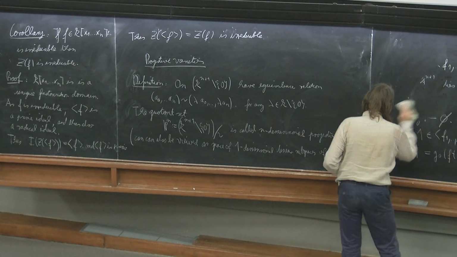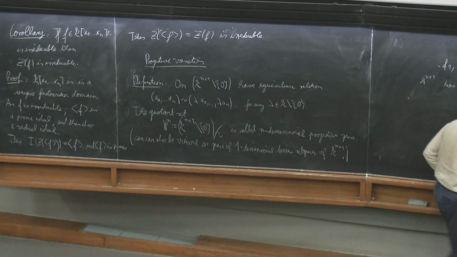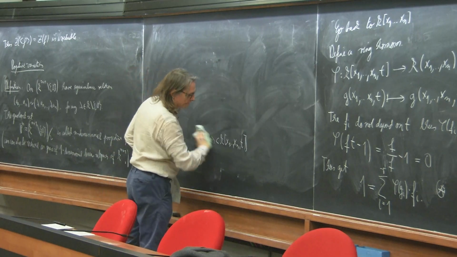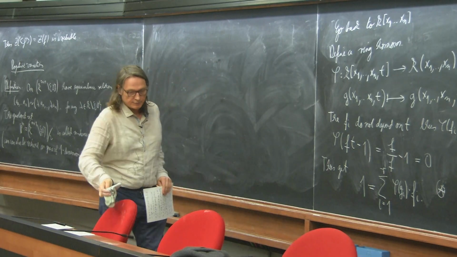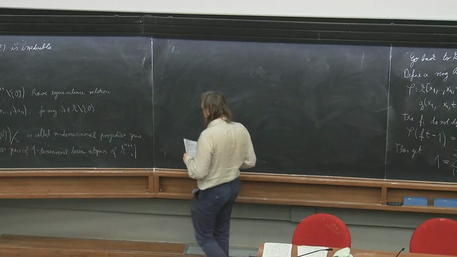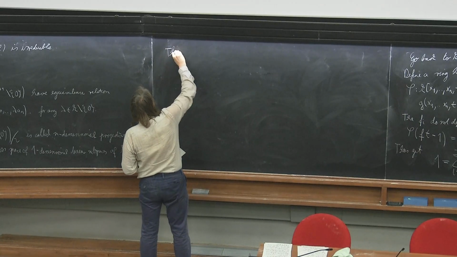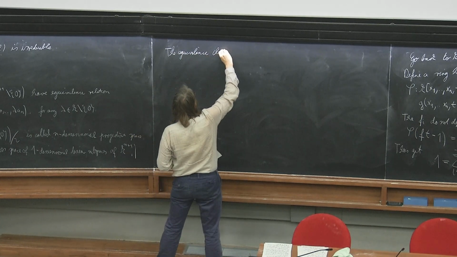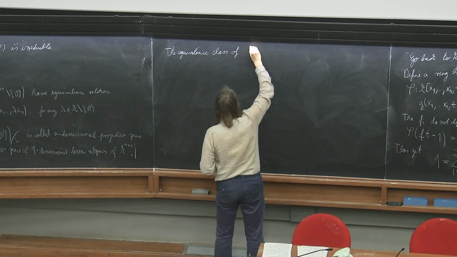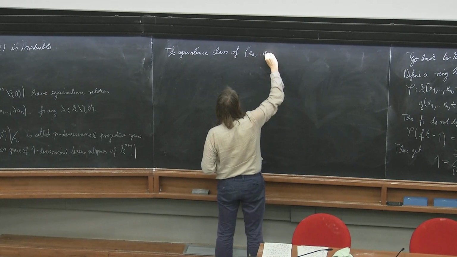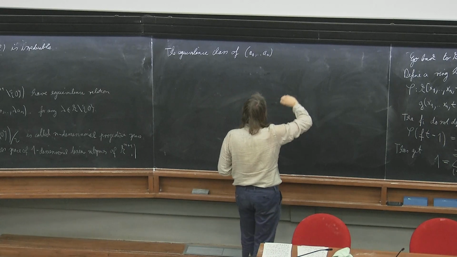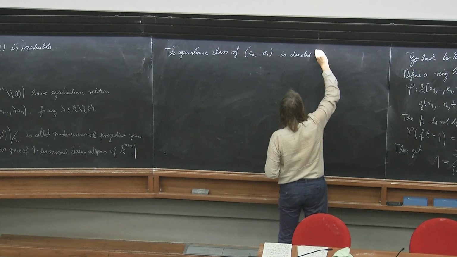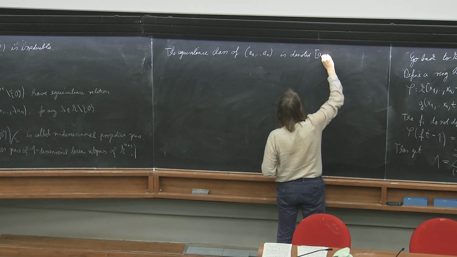This is projective space. Maybe I will just introduce some notations so that we have them once and for all. The equivalence class of a point A0 to An in Pn is denoted, well, I don't use the standard notation because I can't do this well on the blackboard.